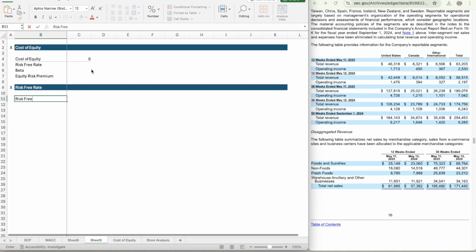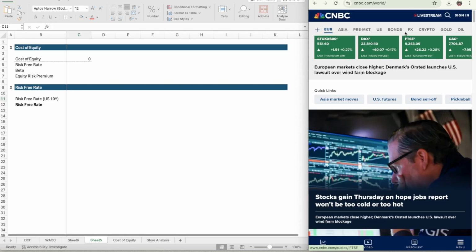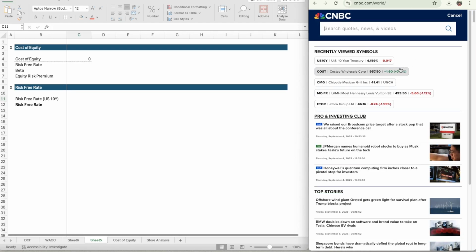And the risk-free rate will be the US 10-year government bond. We build that, and right now, let's have a look, that is 4.159%.